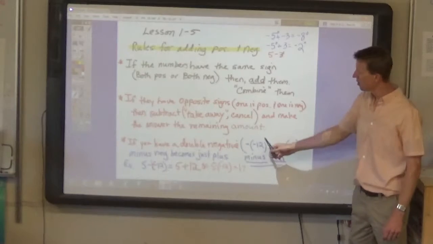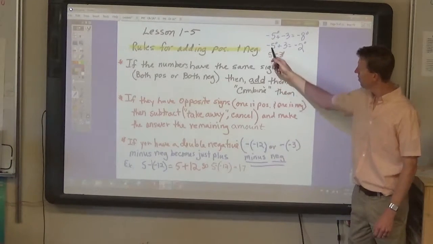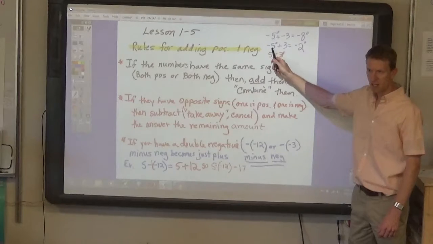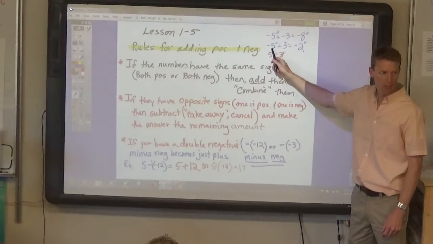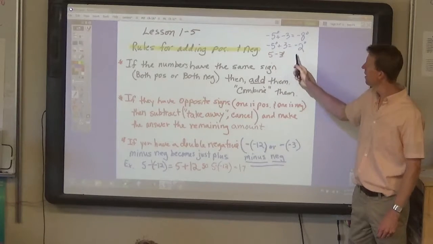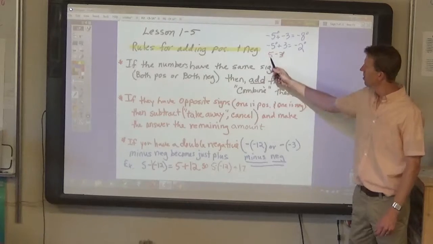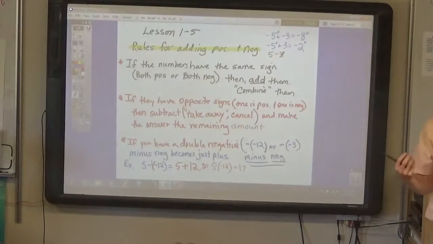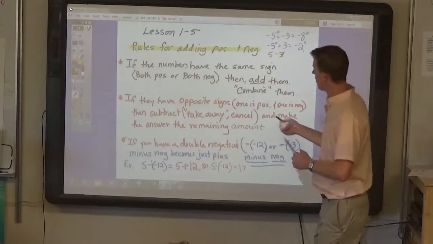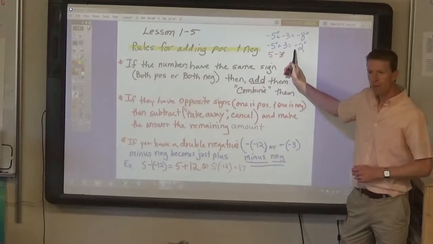And then you use the sign of the larger absolute value. Since -5 has a larger absolute value, we use a negative sign in our answer. Just find the difference in their absolute values and use the sign of the larger one. You make the answer the remaining amount.